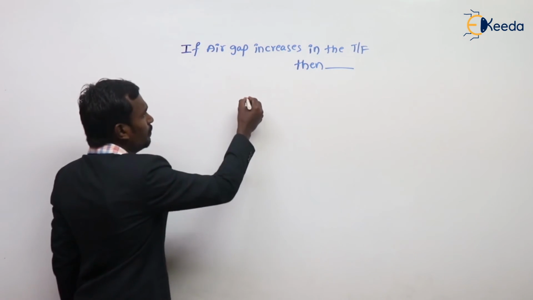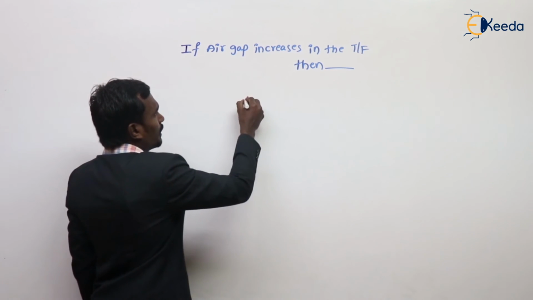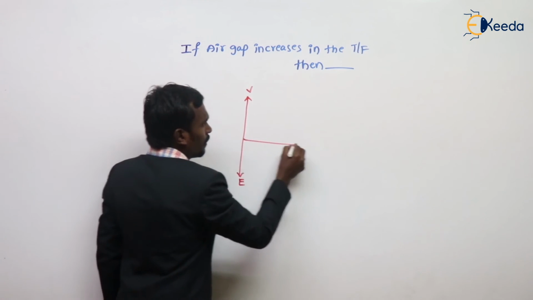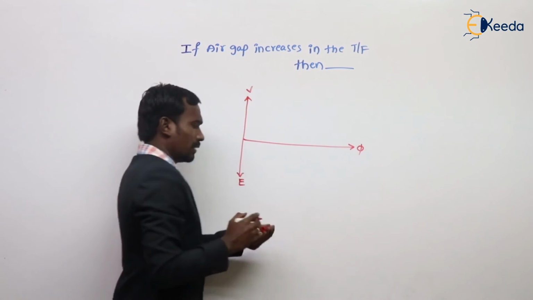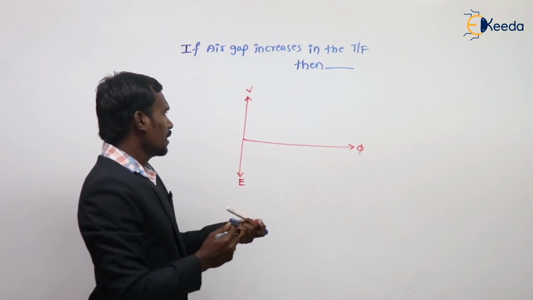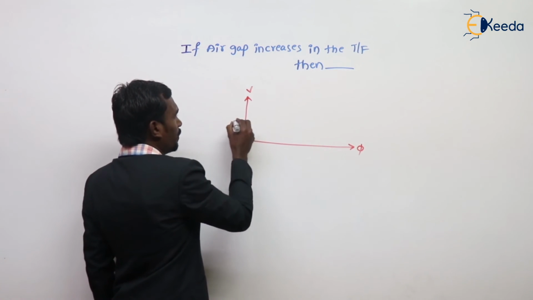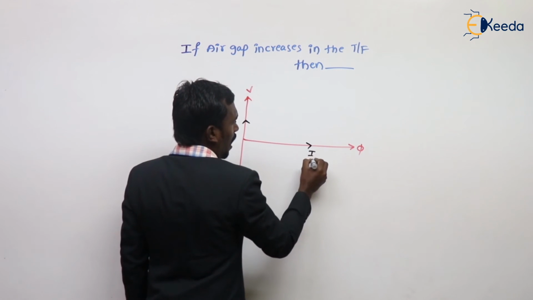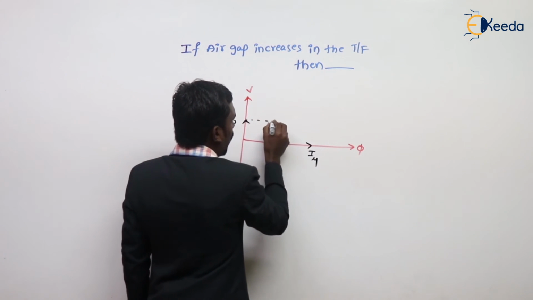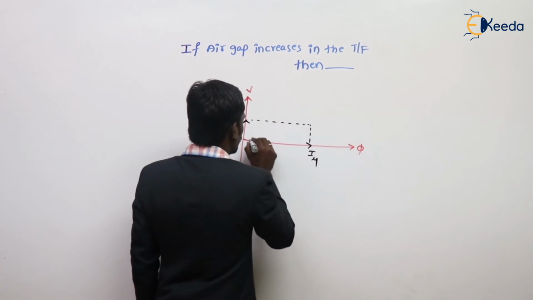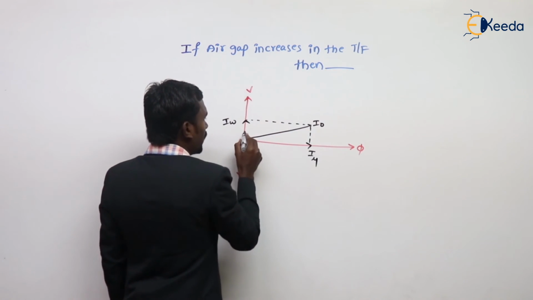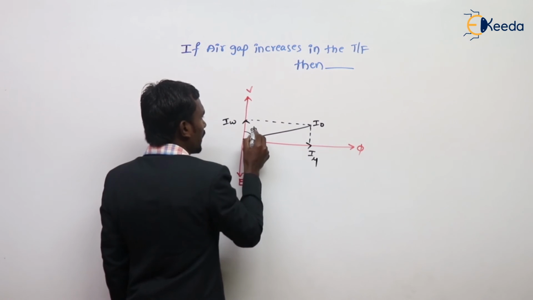Let's see. Actually, this is our vector diagram. Here IW and here I mu, and the sum of these two is taken as I naught, and this is the no load power factor angle phi naught.